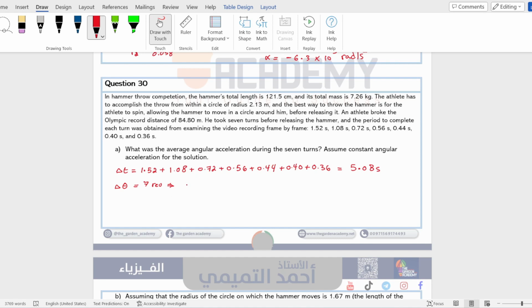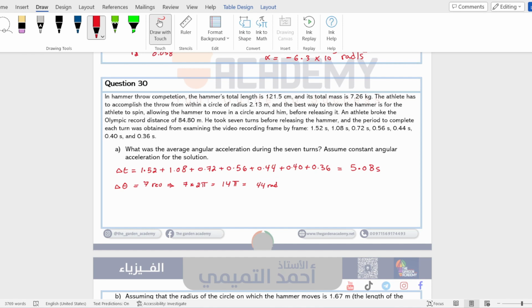So this is equal to 7 times 2 pi, which is equal to 14 pi, which is equivalent to 44 radians. So basically 7 revolutions is equal to 44 radians.